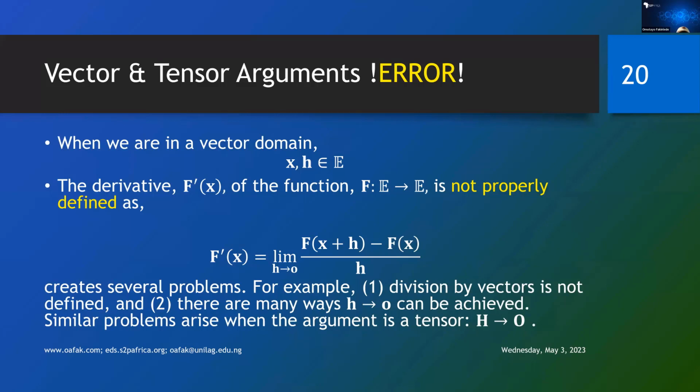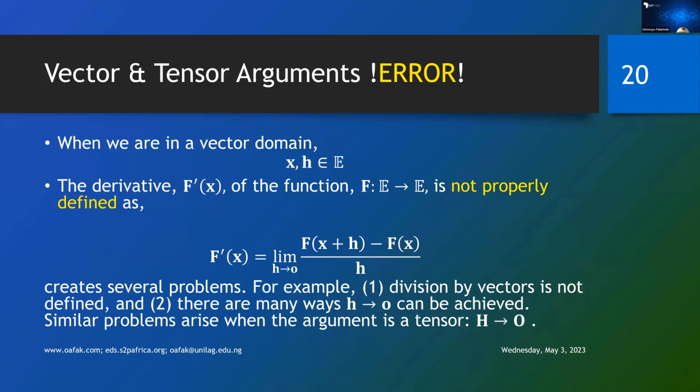So the elementary differentiation formula that you have been carrying all along breaks down completely here. It creates several problems. For example, division by a vector is not defined. Division by a tensor is not defined. That's problem number 1. Problem number 2: when H is a scalar and tends to 0, there is only one way it can do so. If its absolute value is getting smaller and smaller, it's tending to 0.